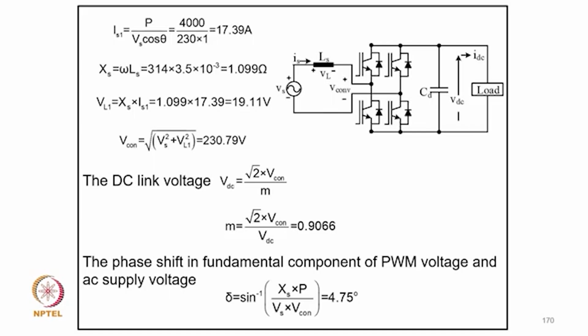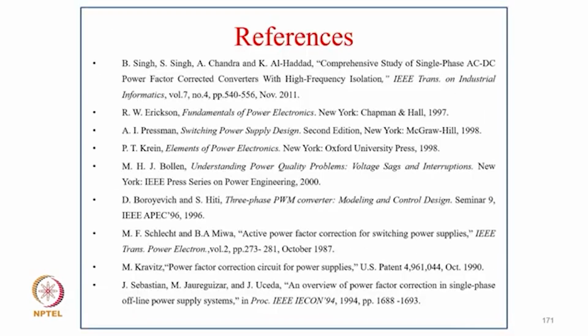V converter is the square root of Vs square plus VL1 square, which is 230.79, and the DC link voltage VDC equals 2 V converter by M, so M comes to 0.9066. The phase shift between the fundamental of the PWM and the supply voltage, delta, equals sin inverse of XS into P divided by Vs into V converter, which comes to 4.75 degree. These are the references which are used for developing this lecture material, and thank you.